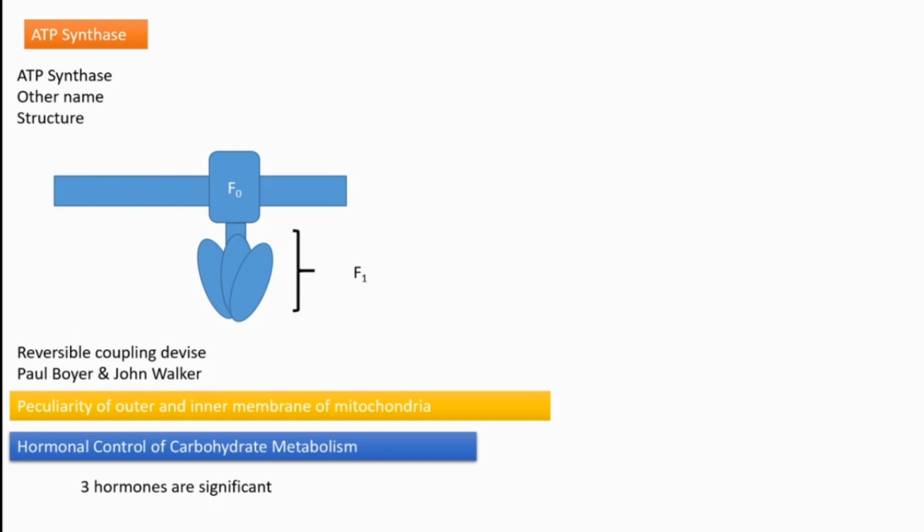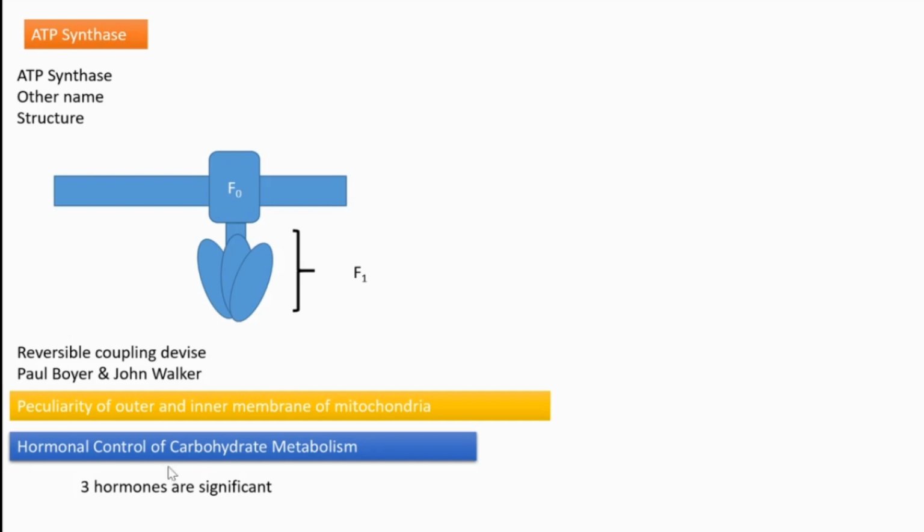It shows controlled permeability to ATP, ADP, pyruvate, calcium and phosphate. This property is very significant because it helps generate the ionic, concentration gradient of ions across the membrane. That is about the peculiarity of the inner and outer membrane.